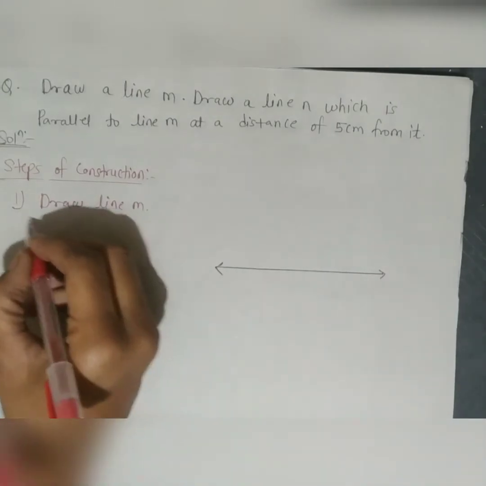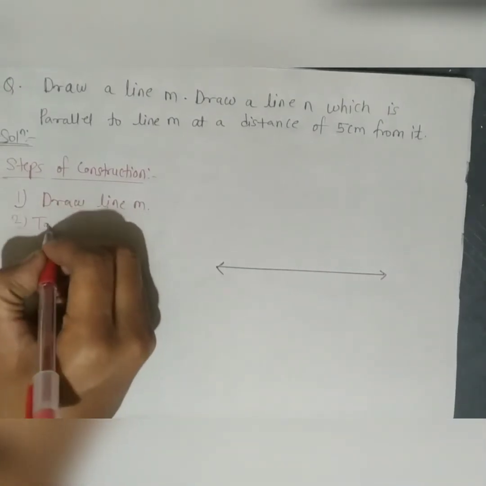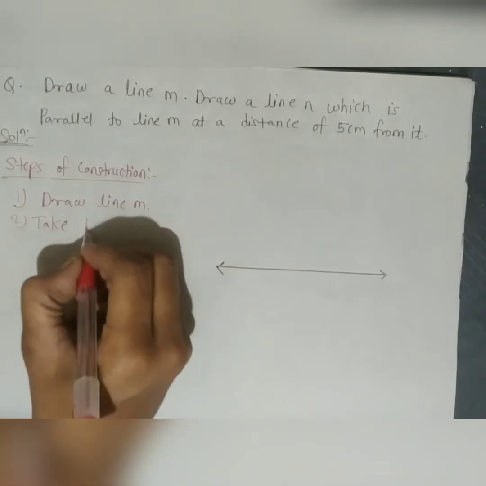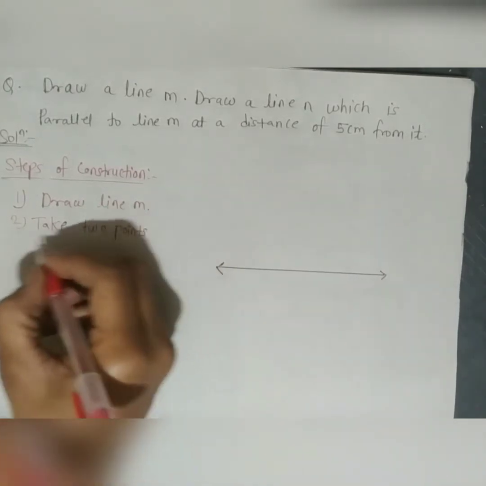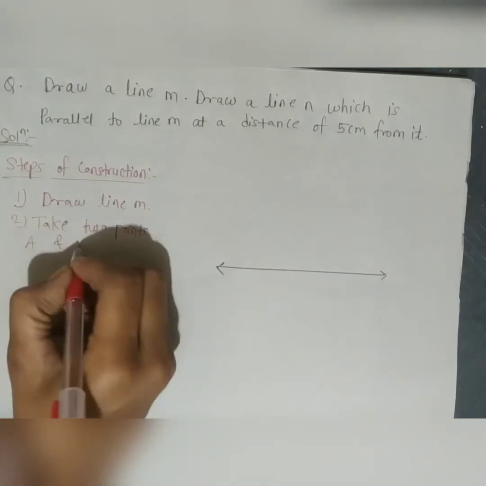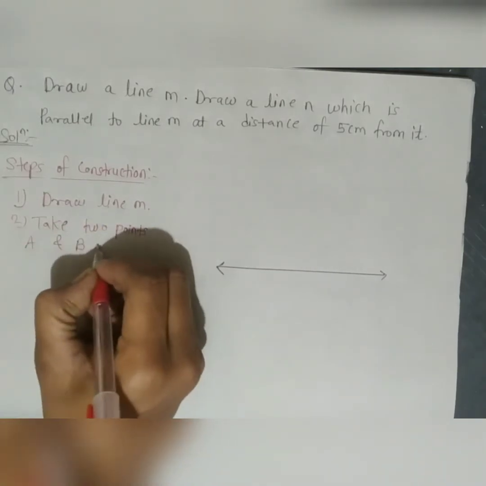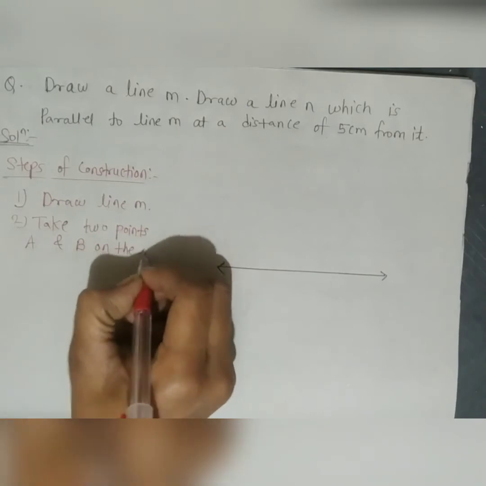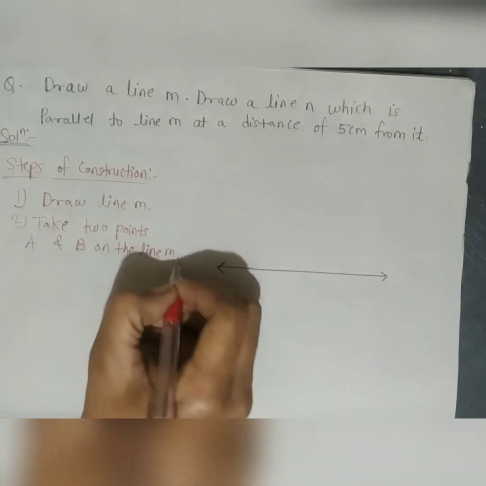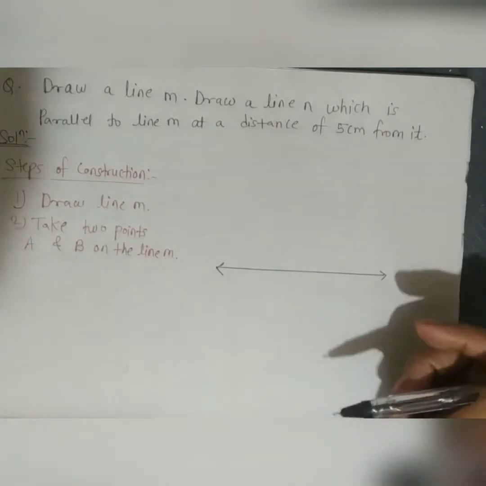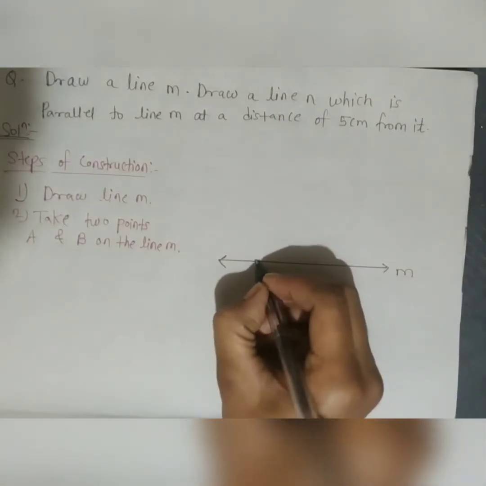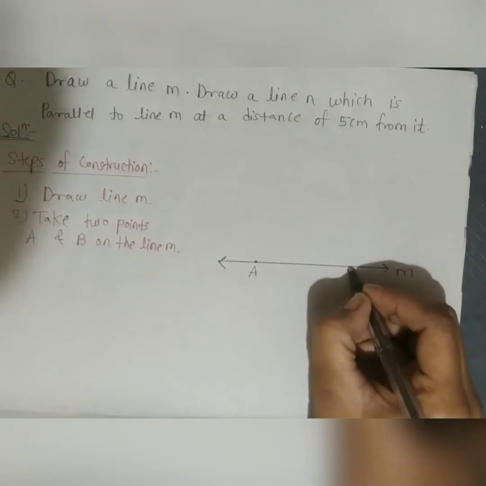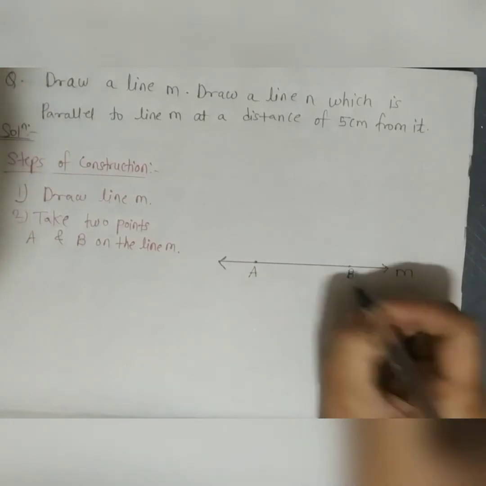And then the second step, take 2 points, suppose point A and B, on the line M. This is our line M, and this is our point A, point B, second step.